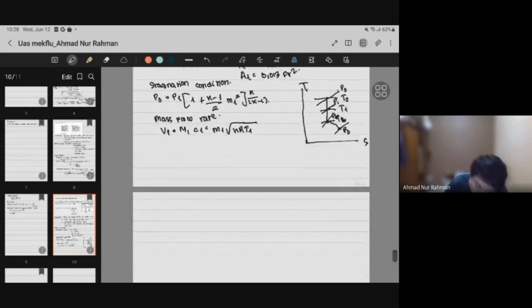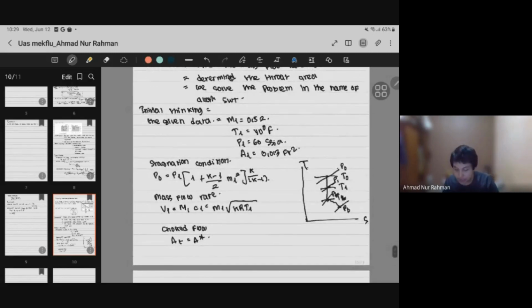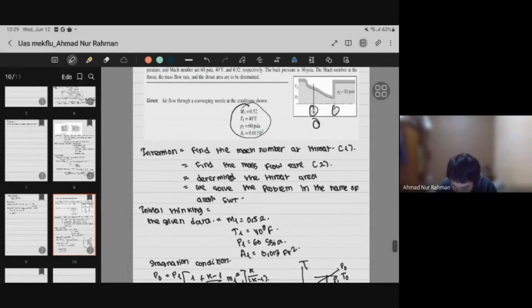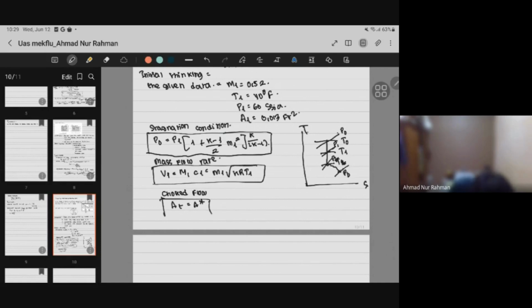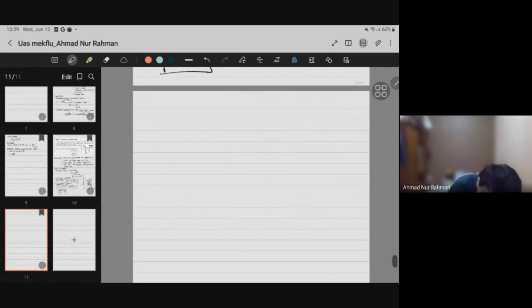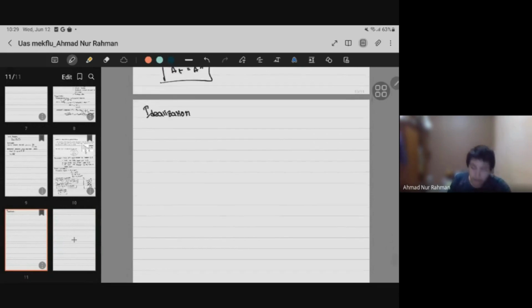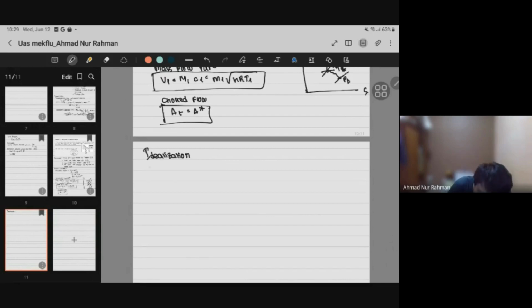So we can identify the choked flow. The choked flow equation is A_t equals A. So these are the equations we need to solve the three problems. Now we begin the idealization. From the idealization above, we use the stagnation equation.